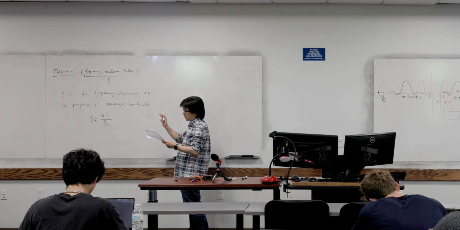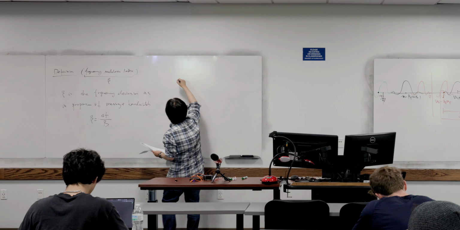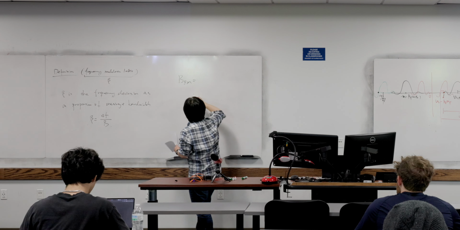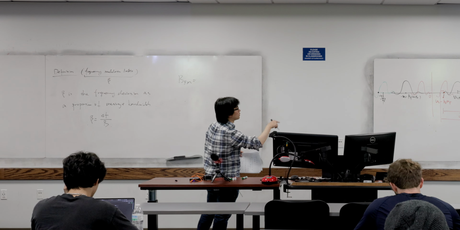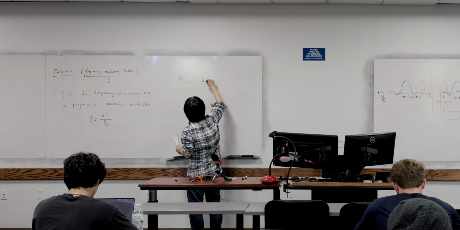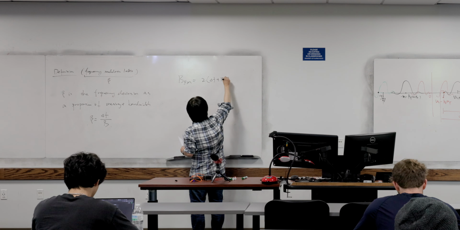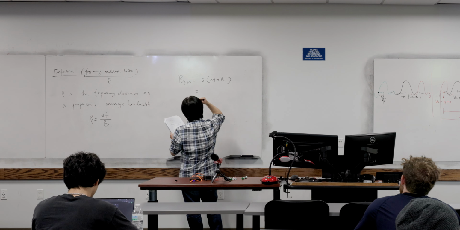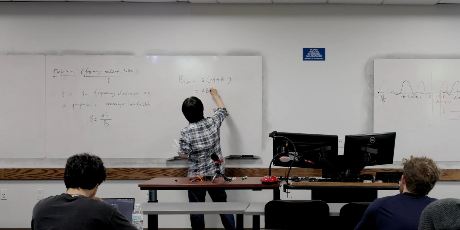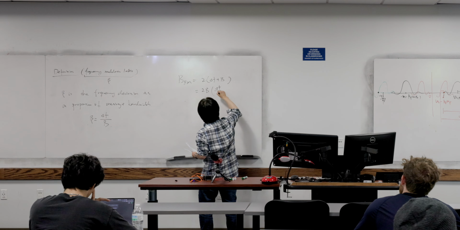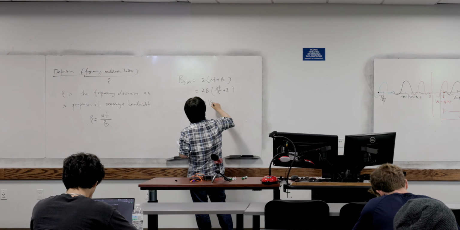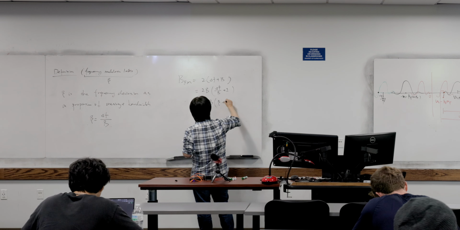Given this concept, we can write the bandwidth of the FM signal as the following. Basically, we have 2 times delta F plus B, and here we can take the B out. We have 2B times delta F over B plus 1, so that is 2B times beta plus 1.